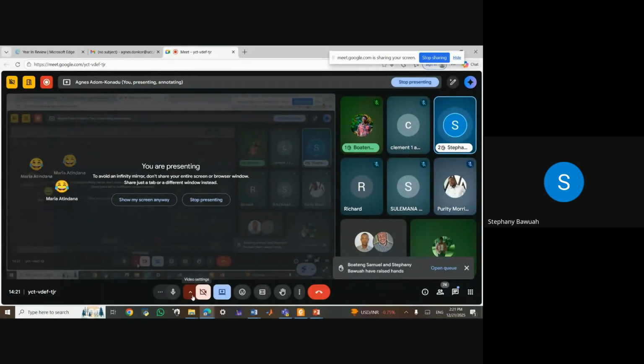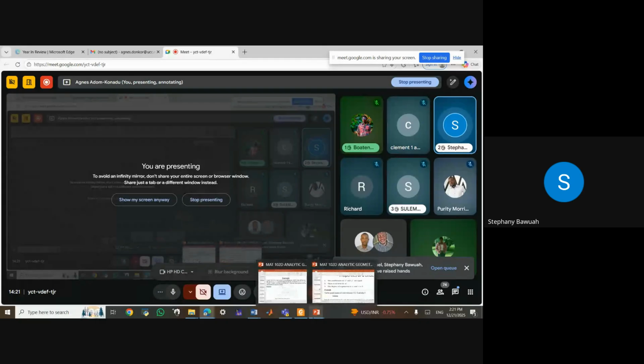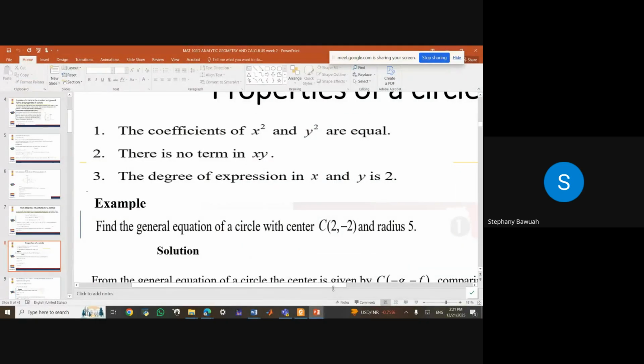We know the general equation or formula to be x squared plus y squared plus 2gx plus 2fy plus c equal to 0. So here we know our center to be (2, -2) and the radius to be 5. So we fit into the formula, and the center of the general equation is (-g, -f).